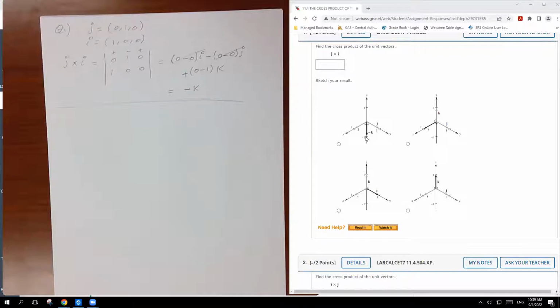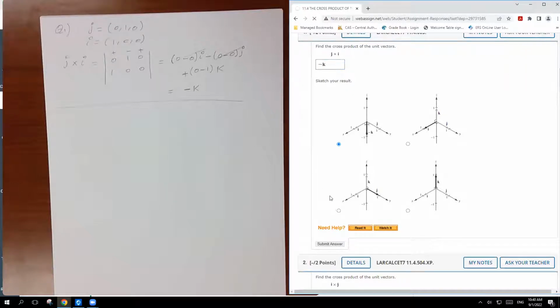No, it's a negative K. So it goes down to the negative Z coordinate. This is X, this is Y, and negative K is going to be down. So I'm going to choose this one. Careful, here is negative K from here.